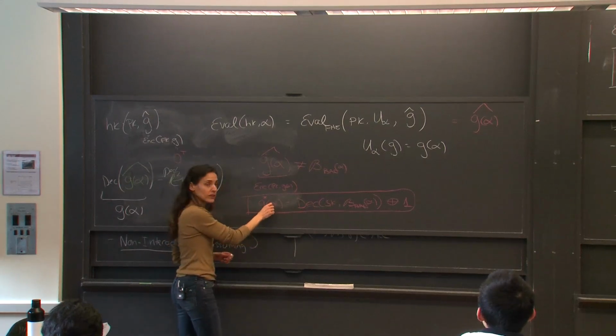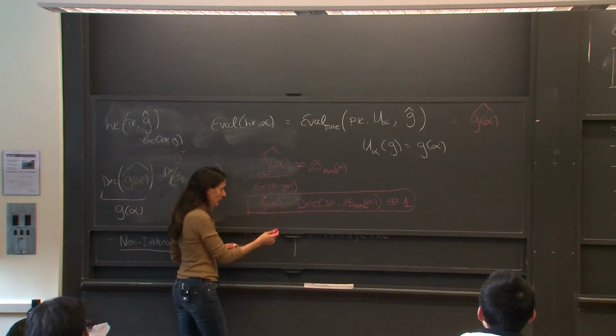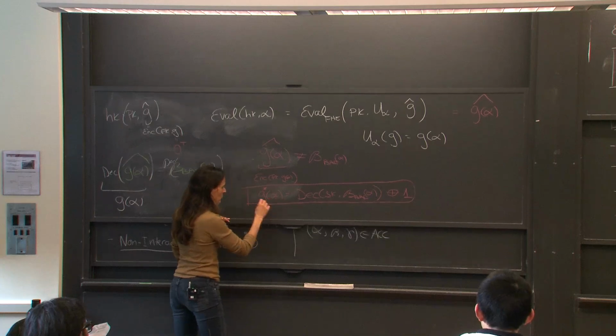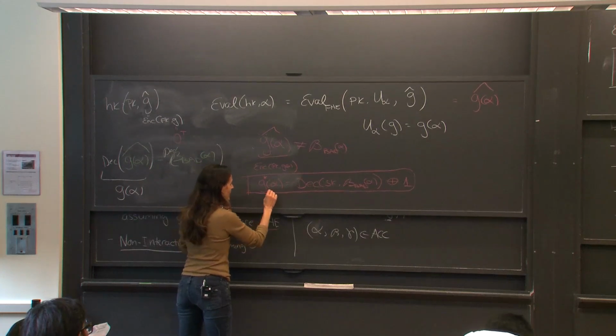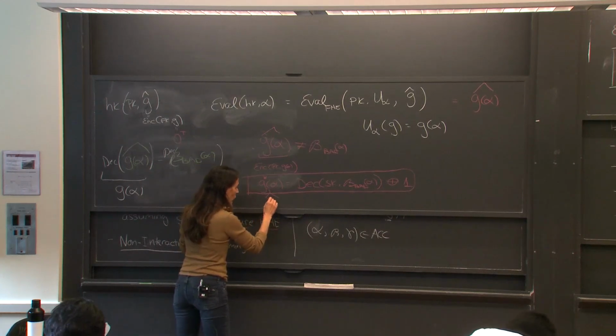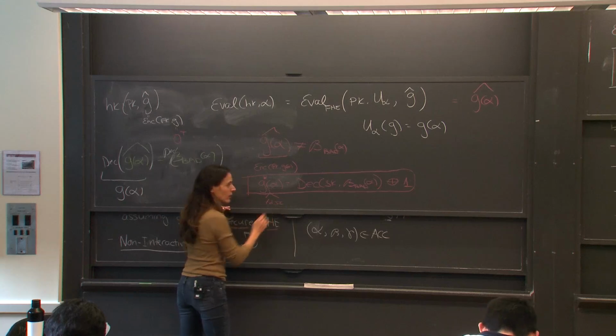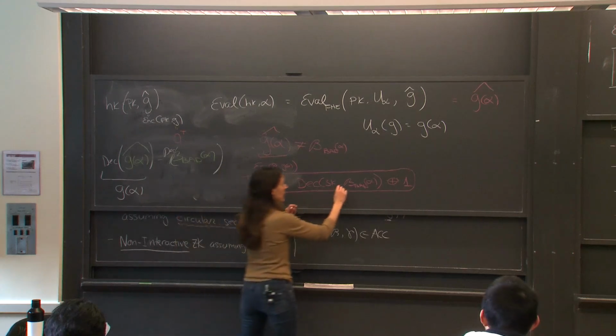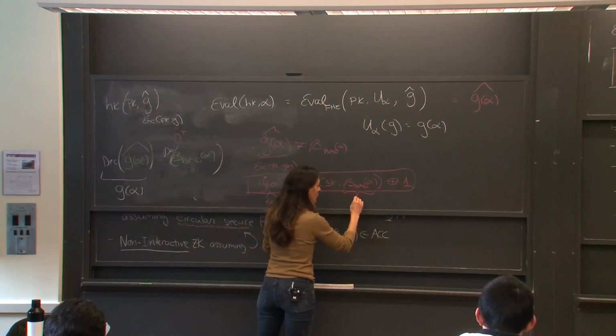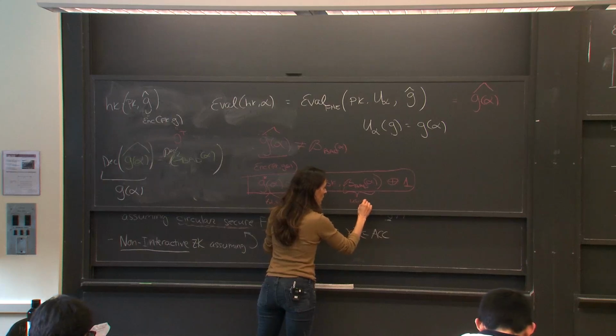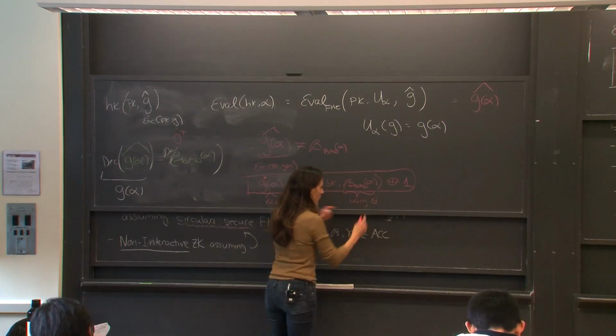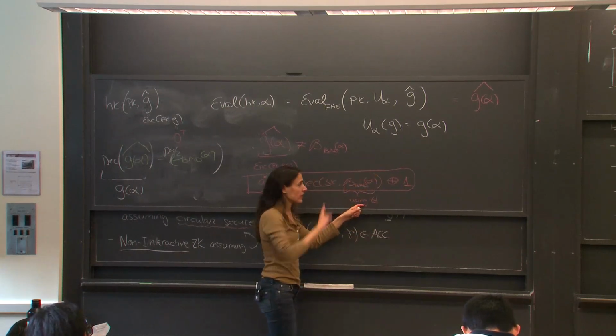Here's what G star of alpha does. Let me write more carefully. It has the trapdoor and secret key hardwired. The first thing it does, it computes bad alpha using the trapdoor. This corresponds to our scheme.